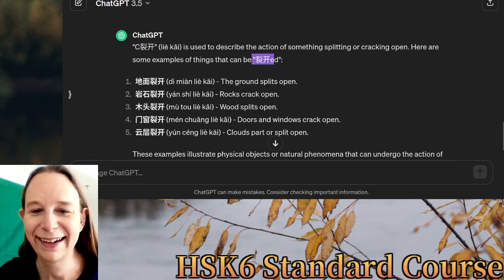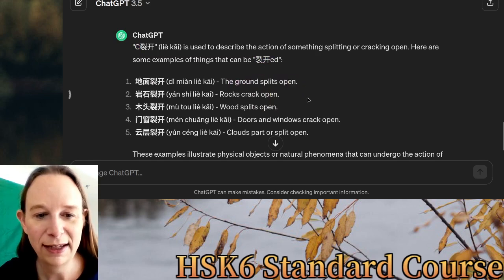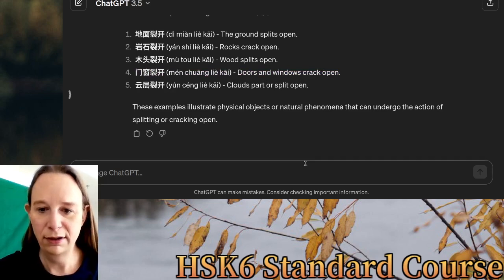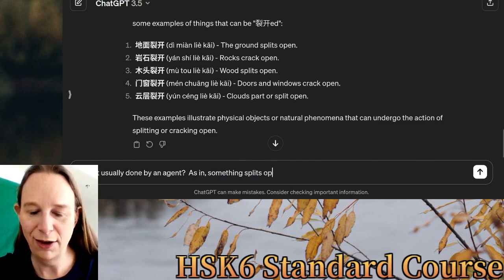Maybe 裂开的. 地面裂开, the ground splits open. 岩石裂开, 木头裂开, 门窗裂开, 云层裂开. So, okay, it's not usually done by an agent, as in something splits open.